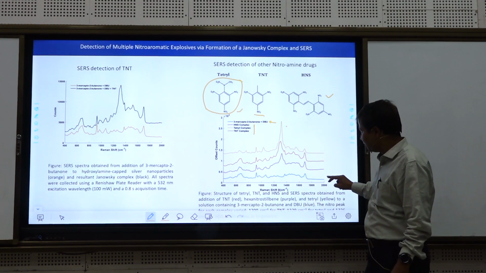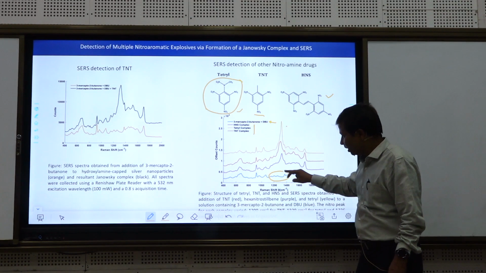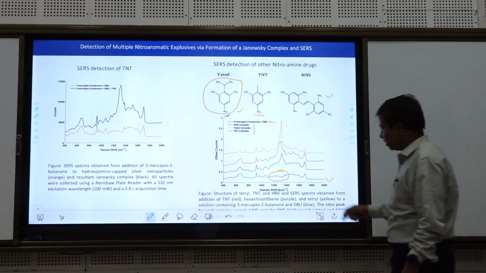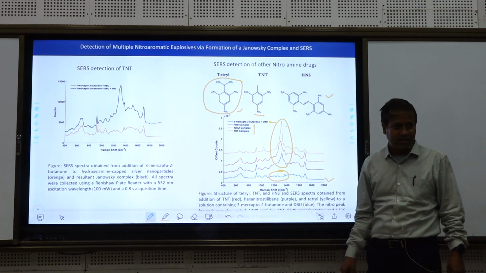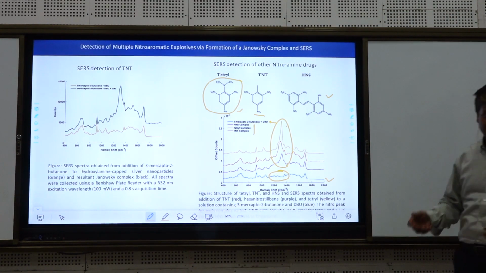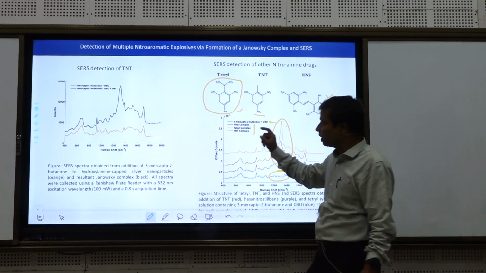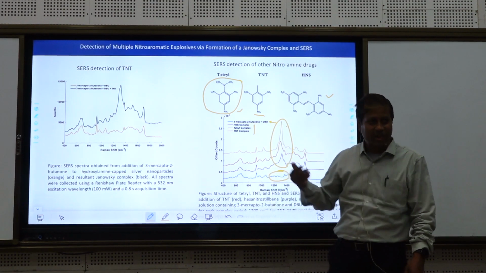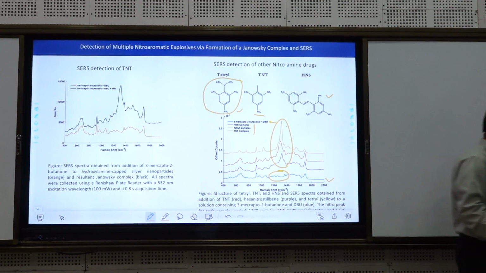So in every case, if you compare with this one, you see in this one the peak indicating the presence of explosive. And it's very clear. So this SERS can detect the explosive. Only thing is that you have to take out the compound, and then you have to react with that reagent, and then you make a layer of the SERS material and detect it very nicely.